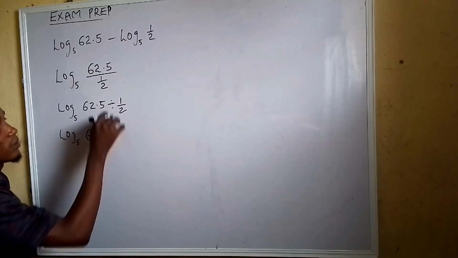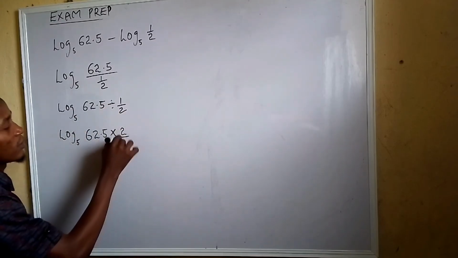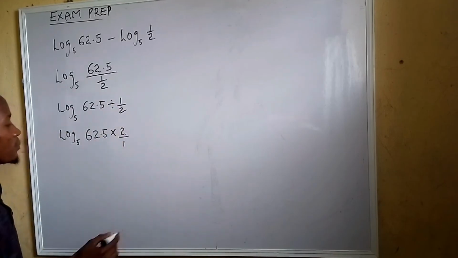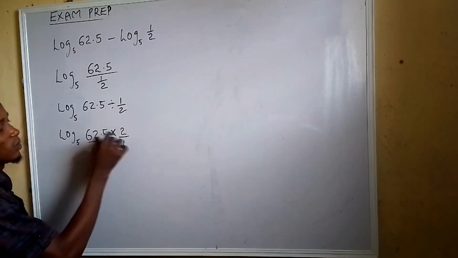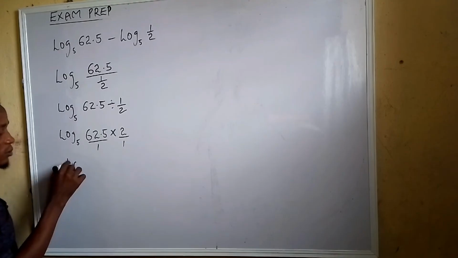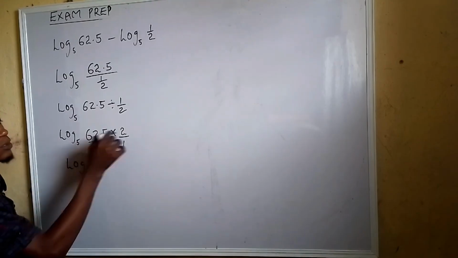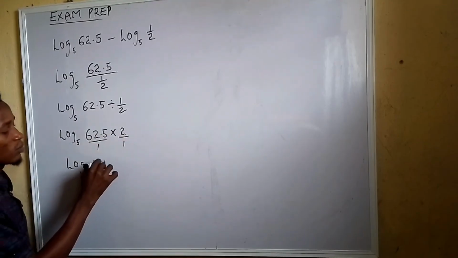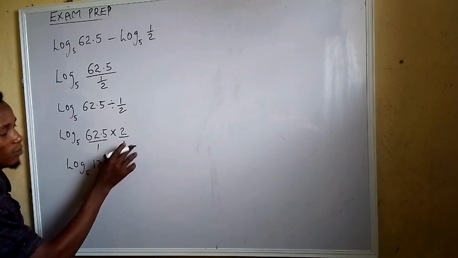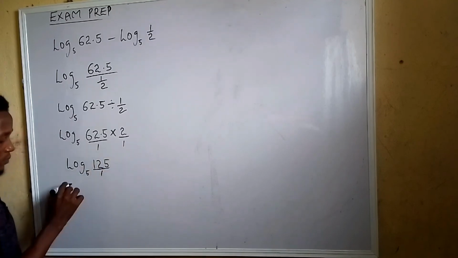When division is changed to times, we have the inverse. That's 1 over 2 changed to 2 over 1. This is numerator to numerator, denominator to denominator. We have log base 5 of 62.5 times 2, which gives us 125 all over 1, which is the same thing.